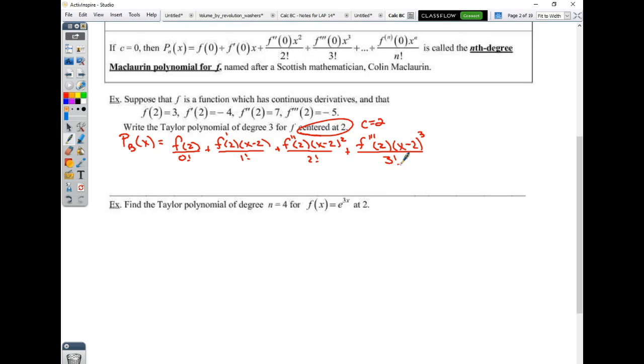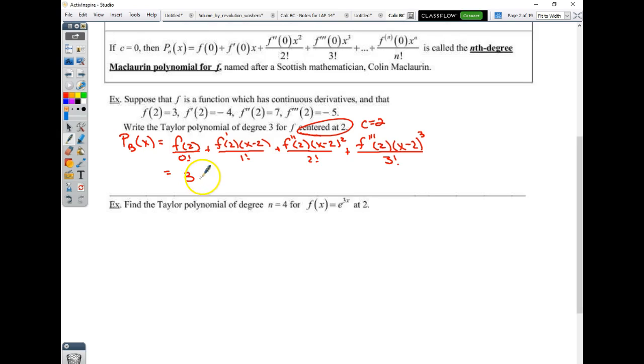I'm writing this out specifically as a longhand thing so that you can see what we're dealing with, okay? Because clearly I'm not going to leave it like that. I know what f of 2 is. F of 2 is 3. So I would just jump straight to 3, over 0 factorial, which is 1, nothing interesting.